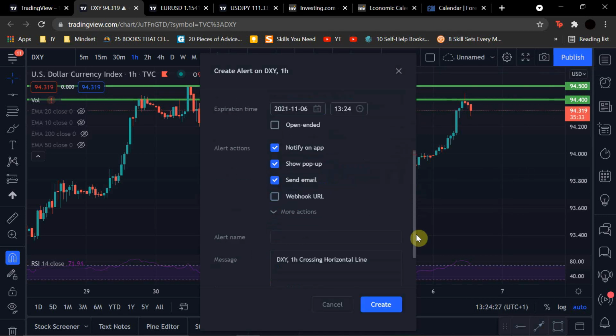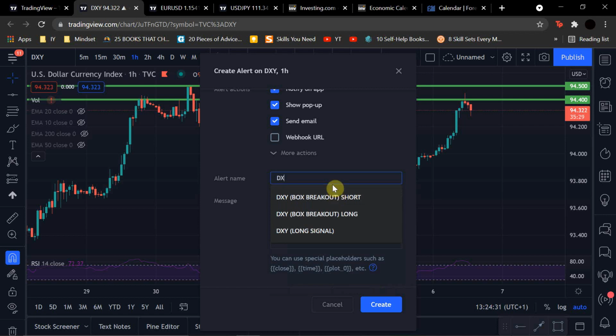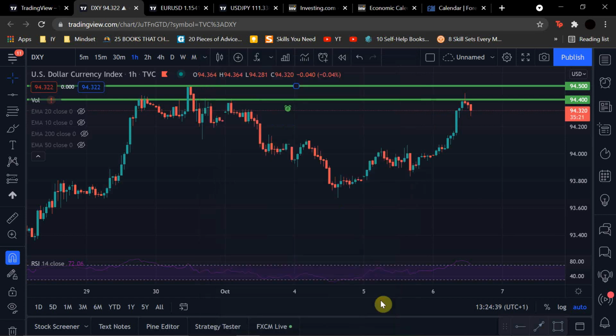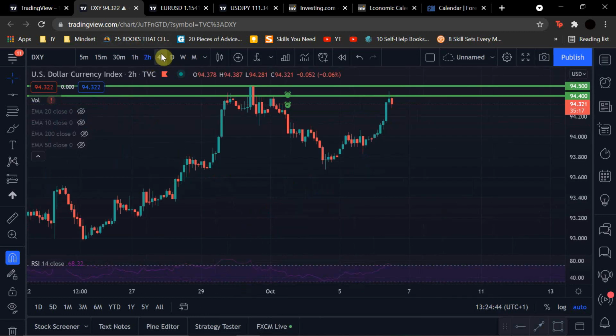Once per bar close, and then I'll do DXY breakout.